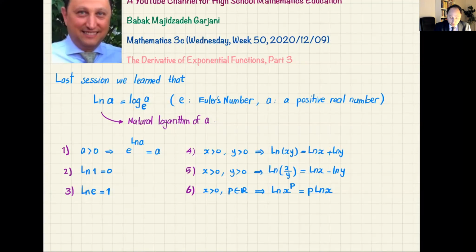And then we also learned that if I have ln of x to some power p, that exponent can go in front of the ln and be multiplied by the ln of x itself. Of course, the condition is that x should be positive, but for p, we do not have any conditions. p can be any number.